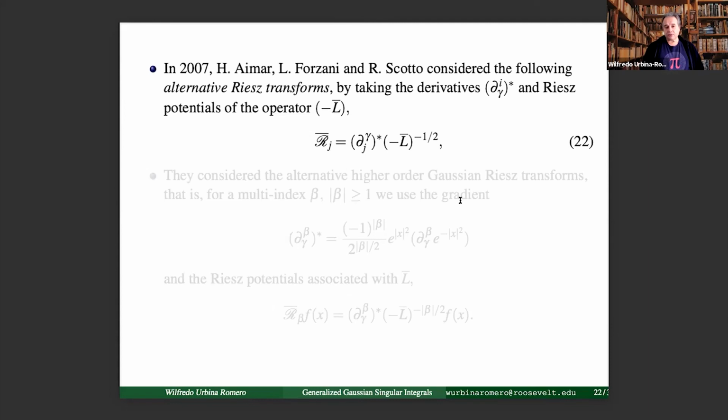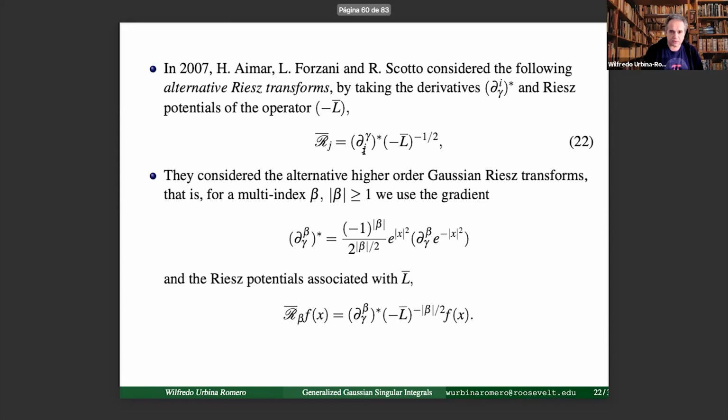This was something that Hugo, Aymar, Liliana, and Roberto realized: if instead of the Ornstein-Uhlenbeck you take the alternative Ornstein-Uhlenbeck minus 1/2, and take not the usual derivative but the other one, you can define another Riesz transform that I call the alternative Riesz transform.